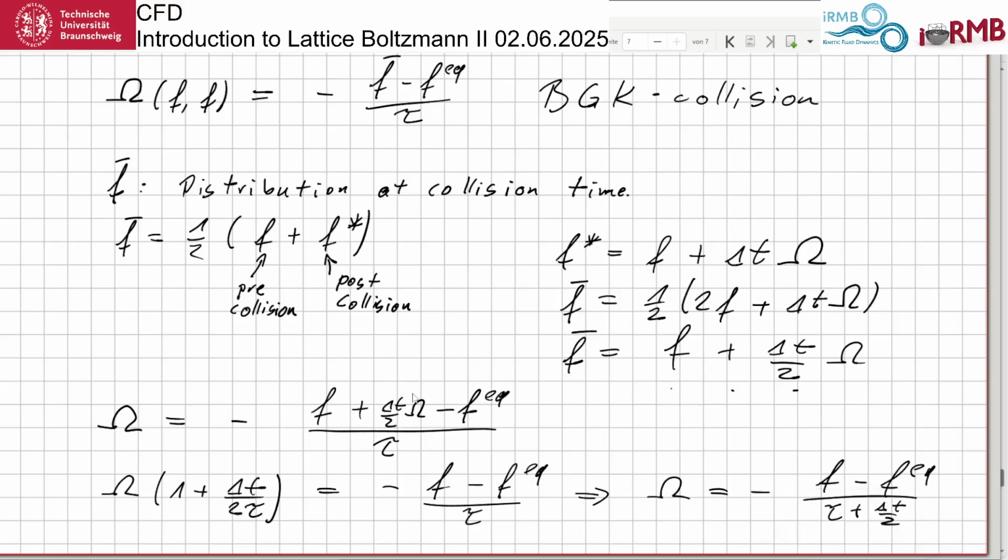Maybe I misspelled this in my notes, but you see, then this comes out. Okay, we repaired this. I just missed this here. Now everything is okay.